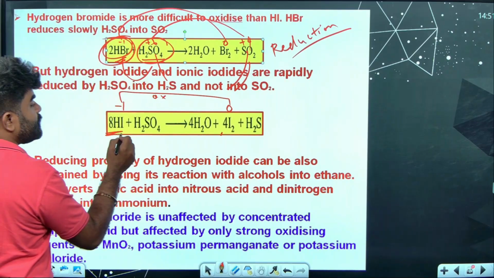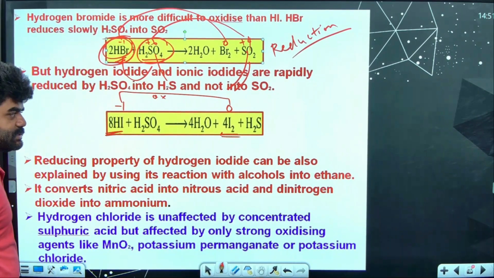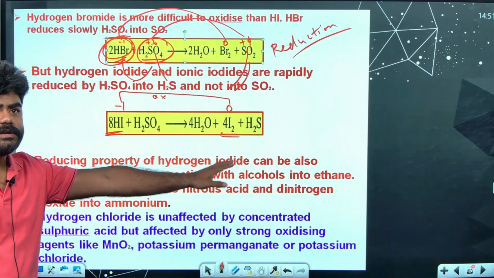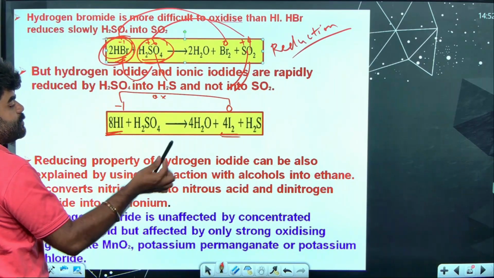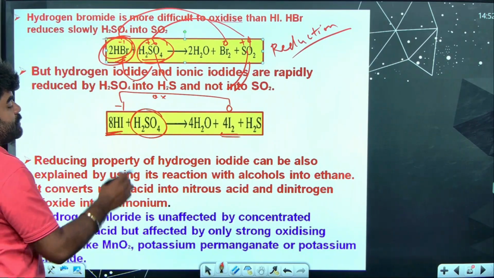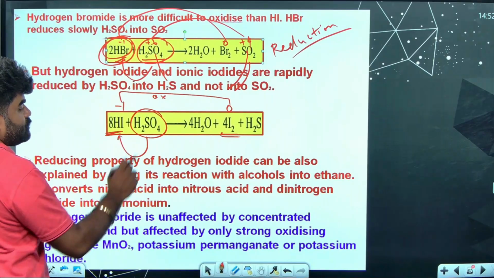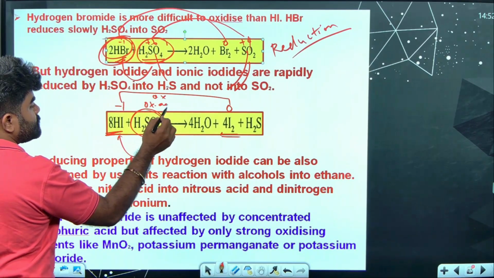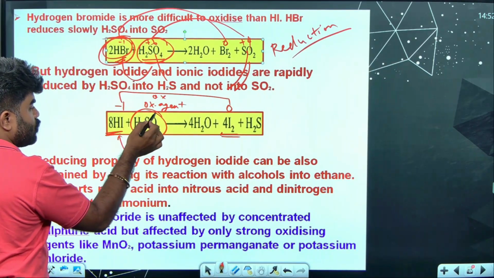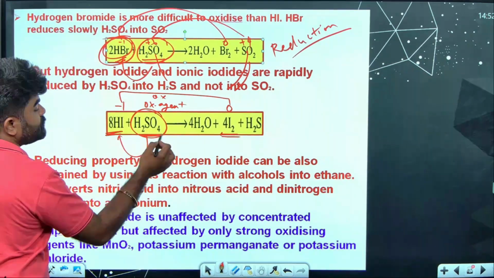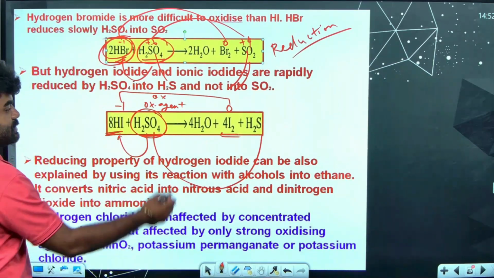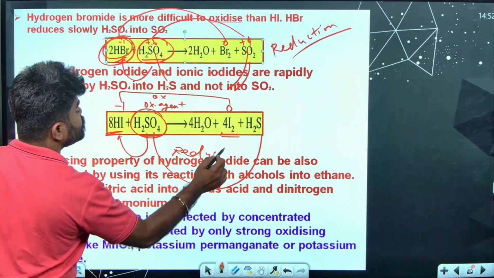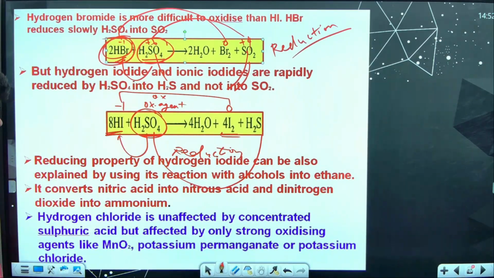So HI is getting oxidized to I2, that is iodide இருந்து iodine form ஆகுது. இந்த oxidation எது induce பண்ணுது அப்படின்னா இந்த sulfuric acid induce பண்ணுது. So hence this is the oxidizing agent. So this oxidizes HI by reducing itself. So H2SO4 is now getting reduced to H2S. இங்க reduction நடக்குது. புரிஞ்சுதா?